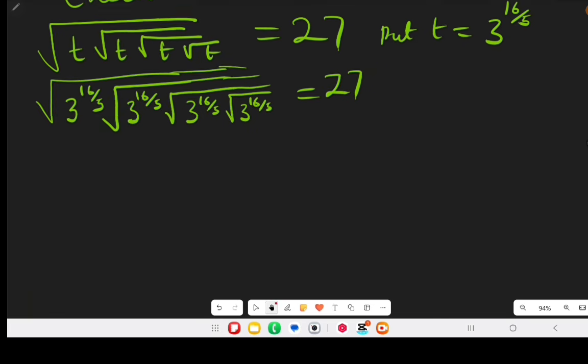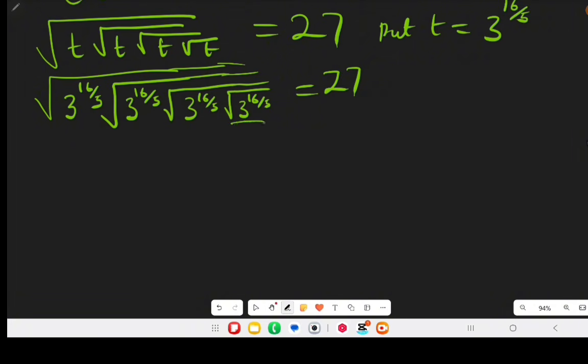Now we move further. If we start internally, we apply the law of indices that says a raised to the power of 1 over 2 is the same thing as square root of a. Turning it the other way around, square root of a is the same thing as when we raise it to the power of half.